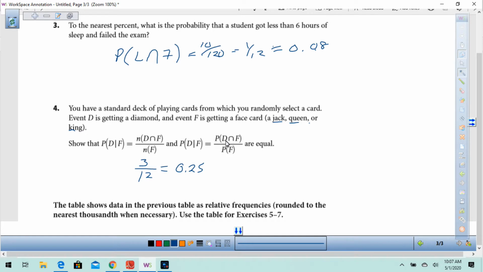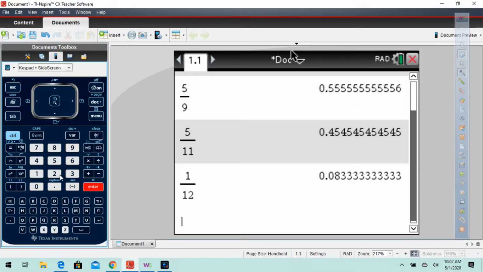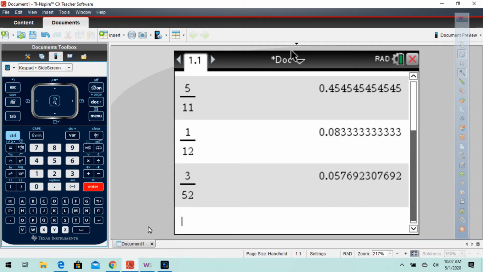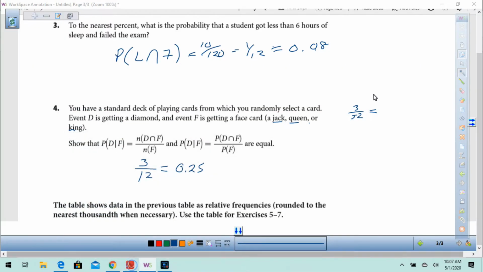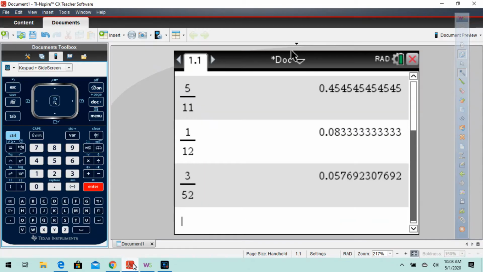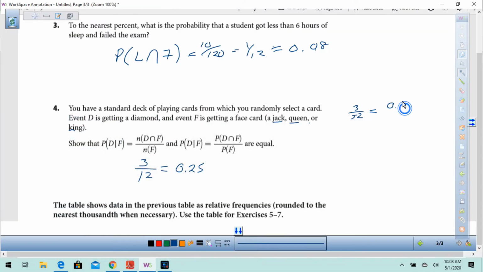All right, now what's the probability of a diamond intersection face card? So there's 3 over 52. Let's see what that works out to. 3 divided by 52 is 0.0577. We'll just say 0.06.